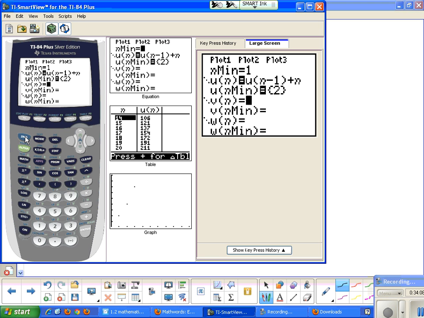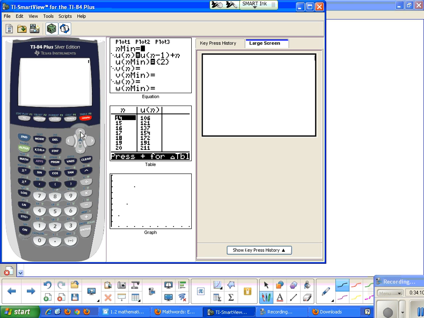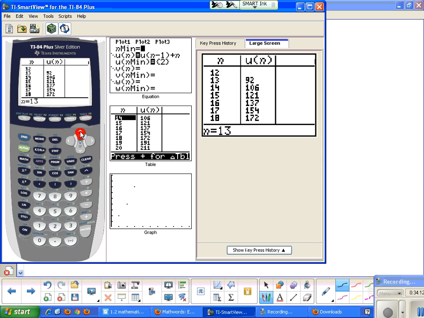So if I go to my table now, just to look, you can go back up and check. So when I have U sub 1, notice that if I go below 1, it's going to say error because we don't have 0 chords.